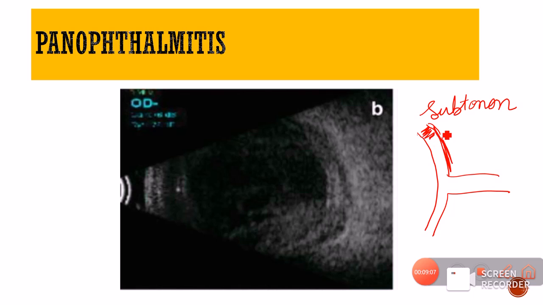Whenever the infection reaches from the chambers of the eye, which is endophthalmitis, and involves the layers of the eyeball, that is the sclera and all, because of the infection and exudation, fluid will collect in this subtenon space. This collection of fluid in the subtenon space will look basically black in color, or an echolucent area.